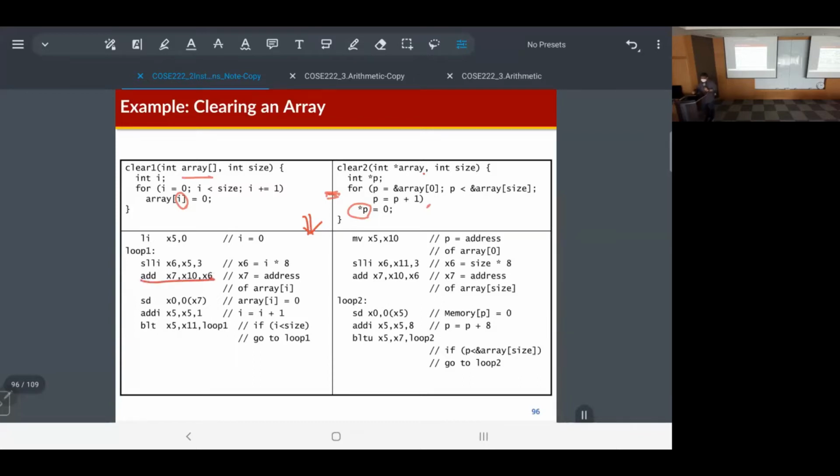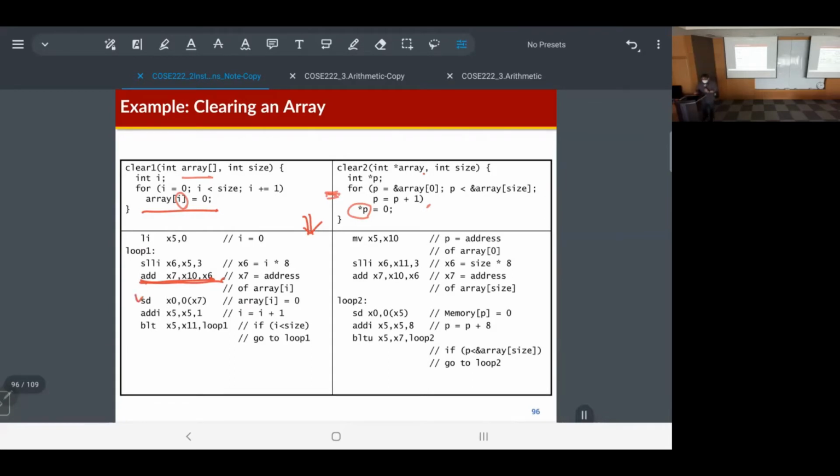This program calculates the address of each element with this add instruction. As you can see, this function just initializes each element of an array with 0.